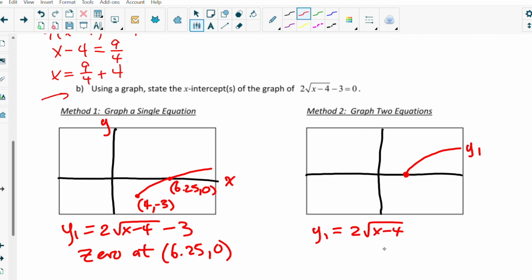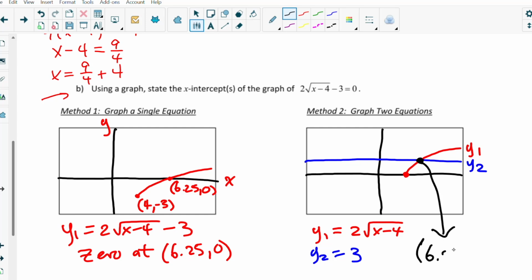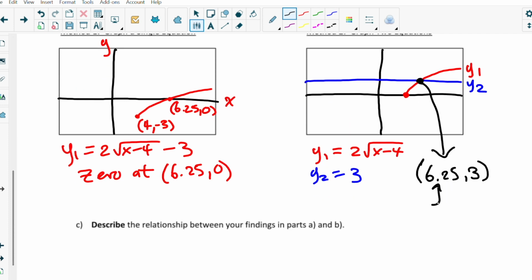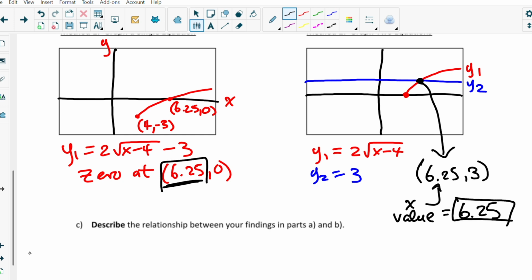Let me do y2 in blue so we can clearly see it. y2 equals 3. And so this is y2. And then what is that intersection point? This intersection point is 6.25 and 3. And then the solution comes from the x value, which is 6.25. Okay, so we're relating the two methods.